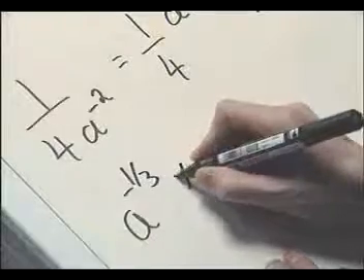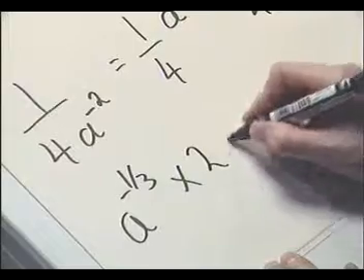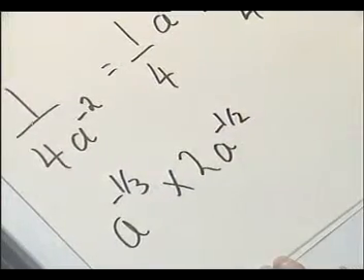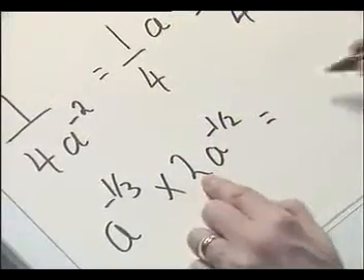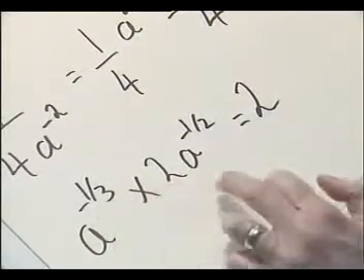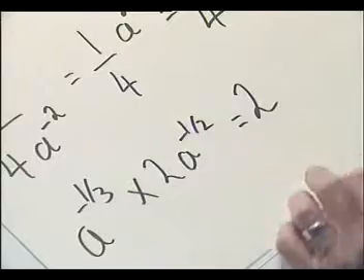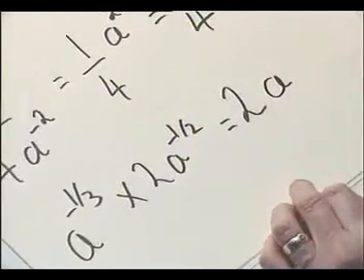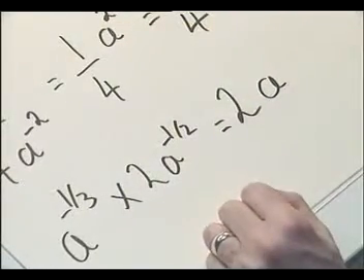a to the minus a third times by 2a to the minus a half equals, the 2 we can just write down. a to the minus a third times by a to the minus a half. Our first job is to add those indices together.